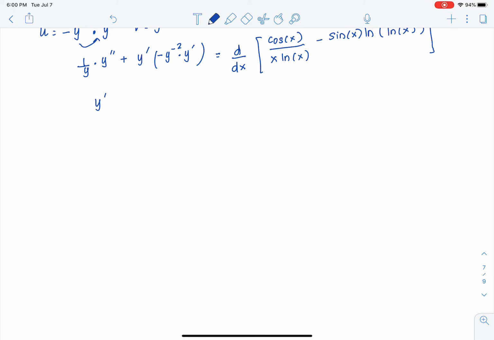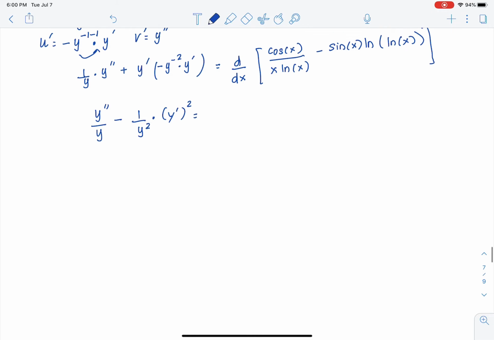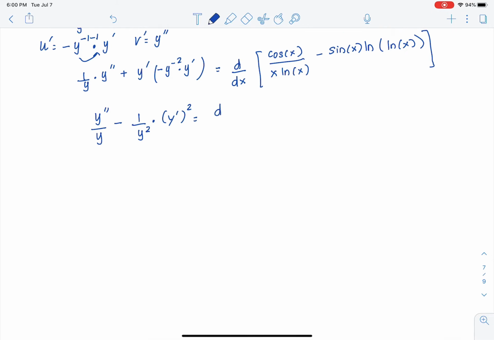So I could write y double prime over y minus, I can write y raised negative 2 as 1 over y squared. Y prime times y prime is y prime squared. And on the right-hand side, we have that giant expression. So we have to take the derivative of the first term minus the derivative of the second term.